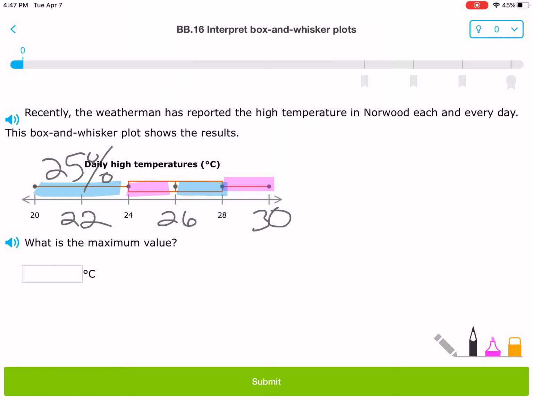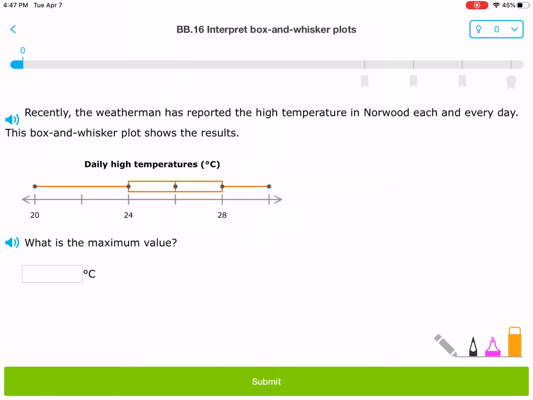So there's some important parts to this graph. And the first one is the very middle value. Right here. That's your median. Okay, your median is always that middle number in the box.